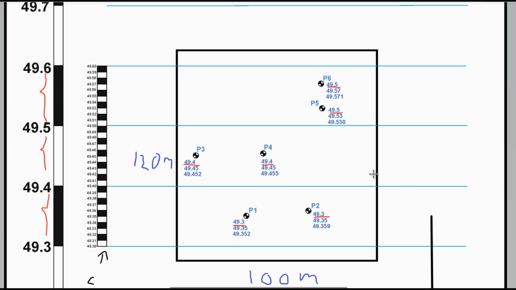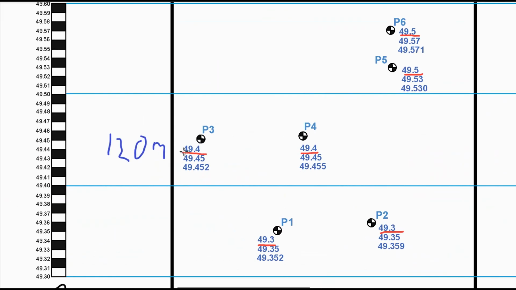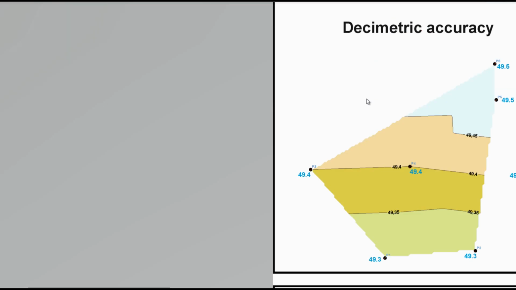Now let's see what happens when we try to do the interpolation with these values. What is going to be the result for the groundwater flow direction map with just these values? Let's see it. When we do triangulation with linear interpolation, the result is this one.